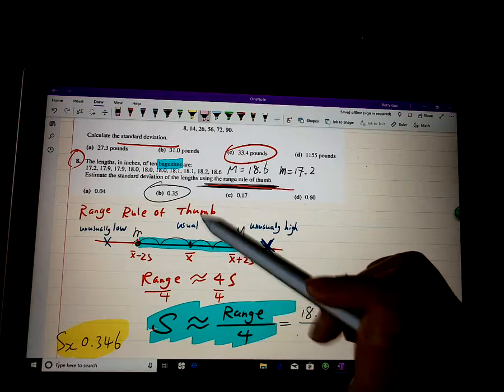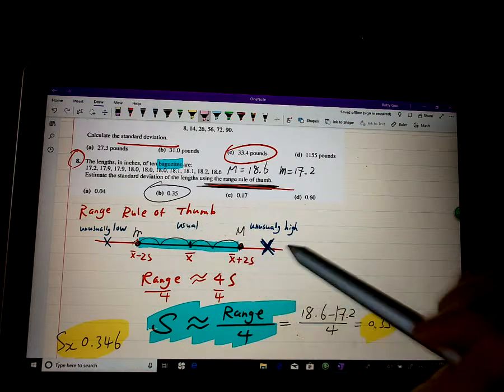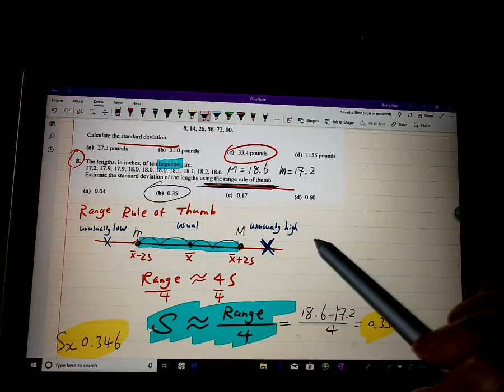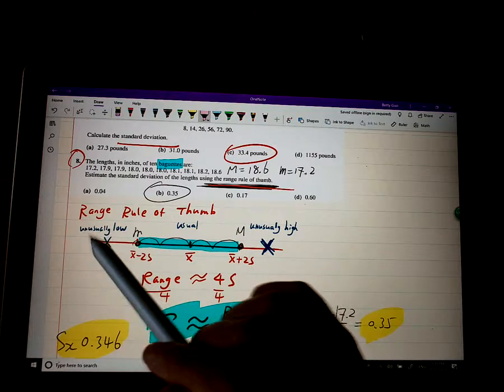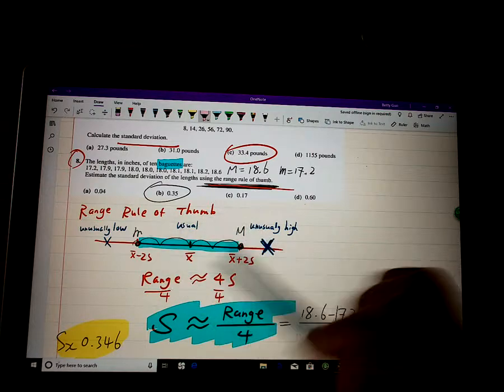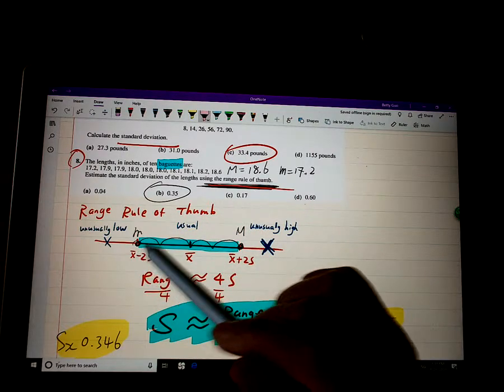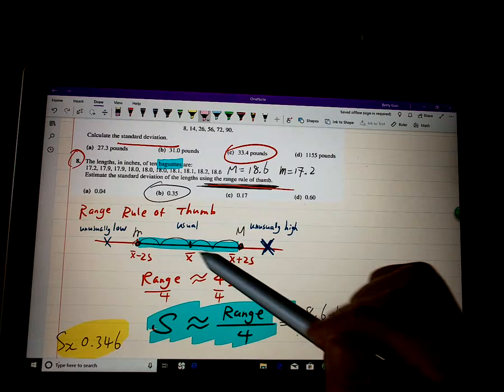So if we assume all the values are usual, we don't have outliers, very, very big or unusually low values. Assume all the values fall between x bar minus 2s and x bar plus 2s.